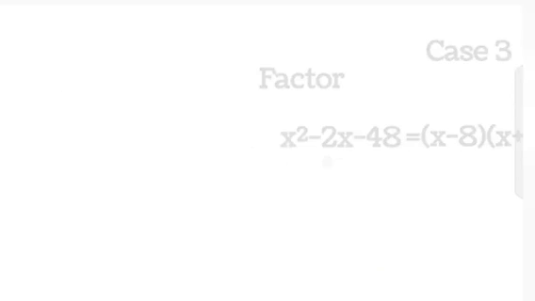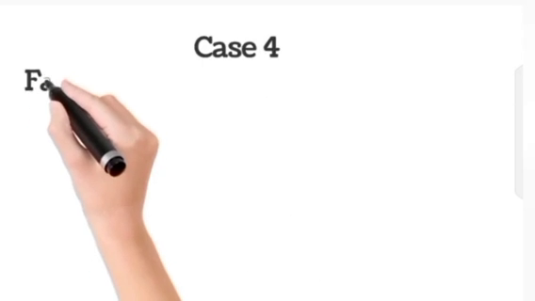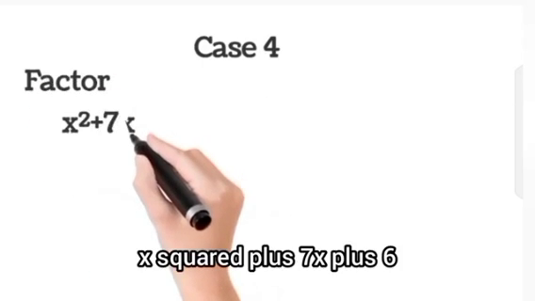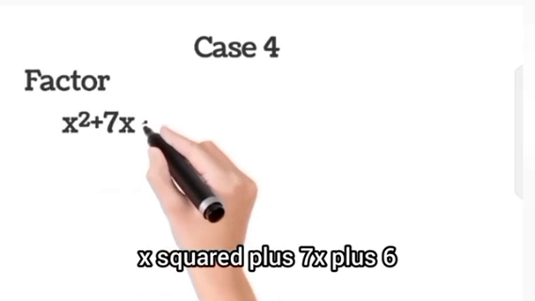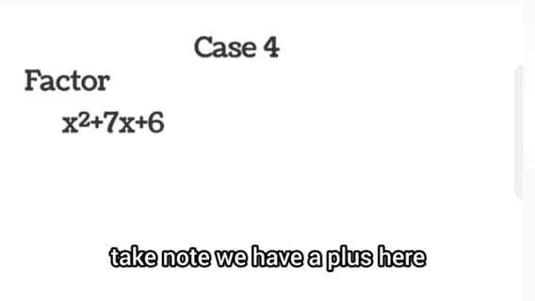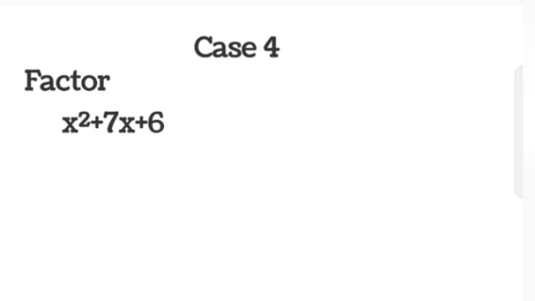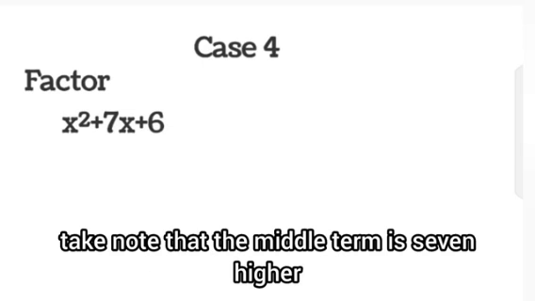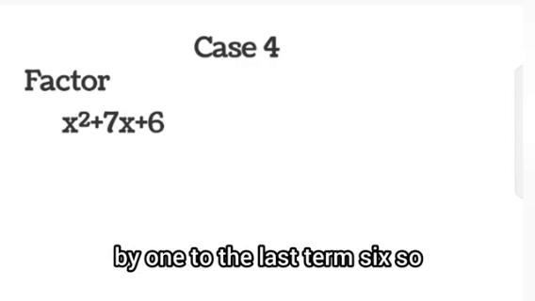Case number 4, factor x squared plus 7x plus 6. Take note, we have a plus here. And the middle term is 7. Take note that the middle term 7 is higher by 1 than the last term 6.